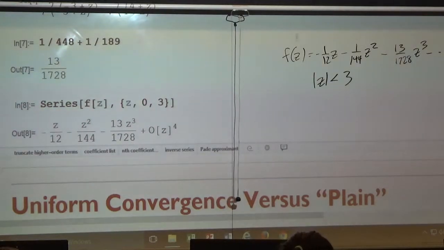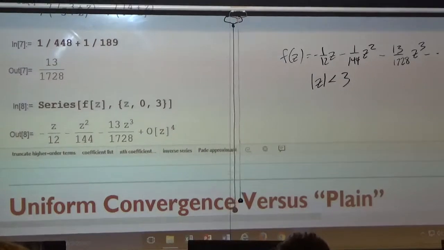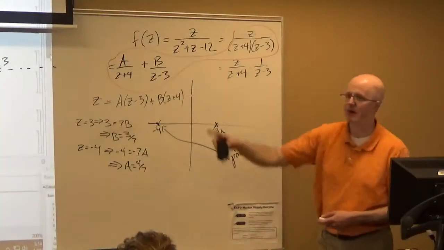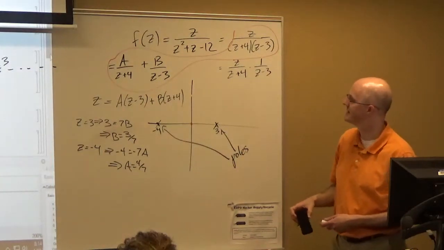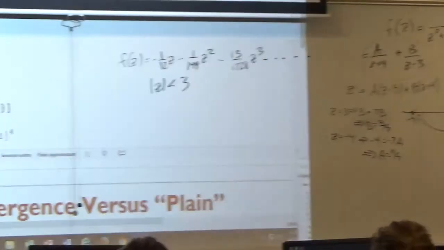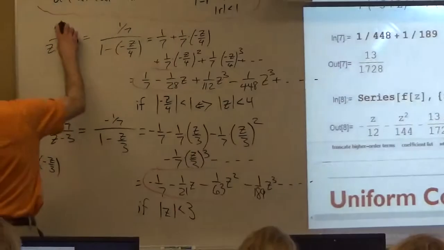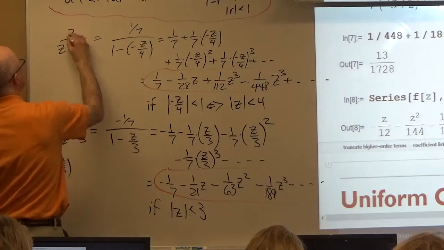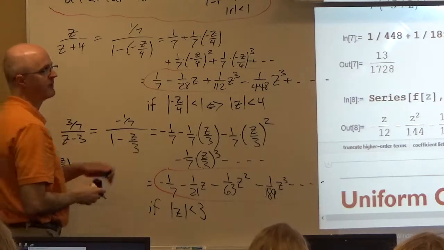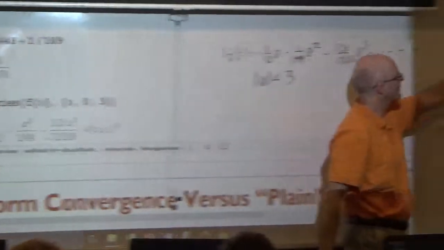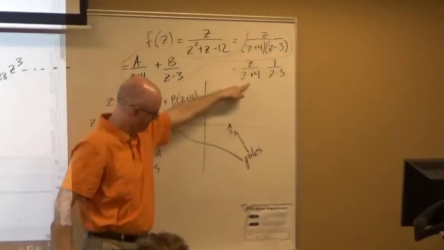How about if we could find the series for these things and multiply them? Yeah, we could. In fact, I could probably just modify my work over there a bit. Z over z plus 4 is the first product. Looking back over here, I'm looking at this thing now.